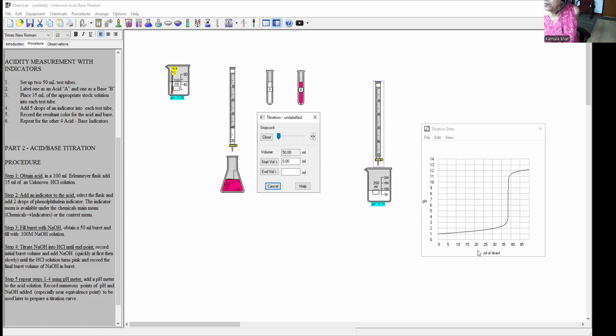Using M1V1 = M2V2, you can calculate the exact molarity of the solution. Once you calculate the molarity of the solution, if you multiply it by the molar mass of the acid, then you get the grams per liter.